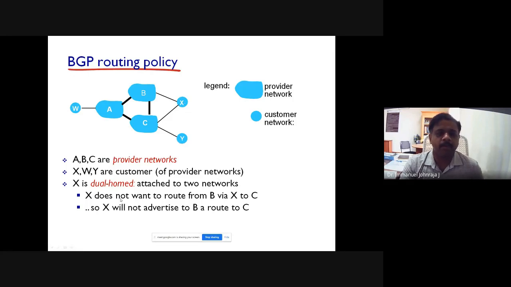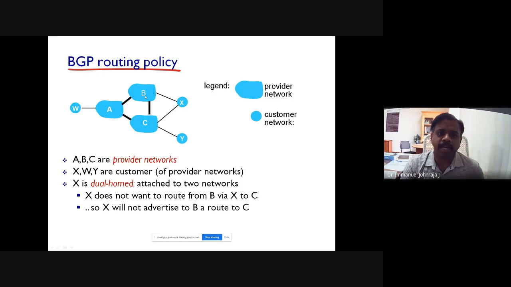Now X does not want to route from B via X to C. Very simple. X is the customer network. If B has some data to be forwarded to C, X will not take part in this, because why should I do that? It's not my cup of coffee. I am the customer network.